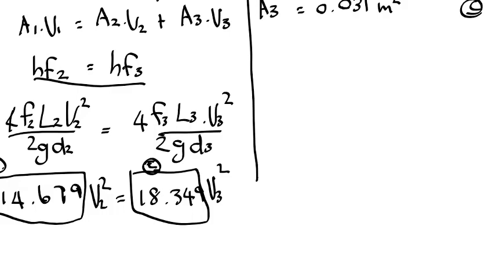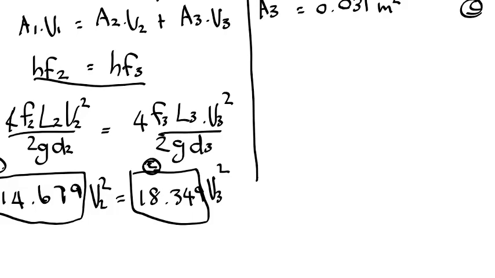So pipe 3's diameter is 0.2, and you will get 18.3486. So round it up, you get 18.349. Store that value, shift store in E, and now you've got those values too.